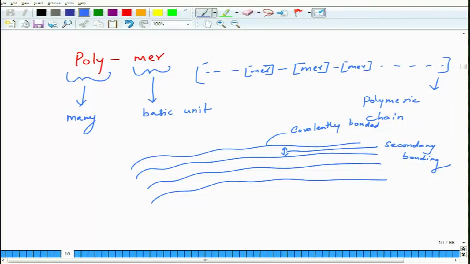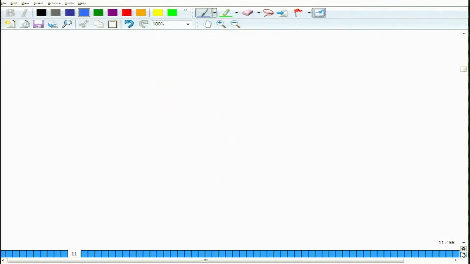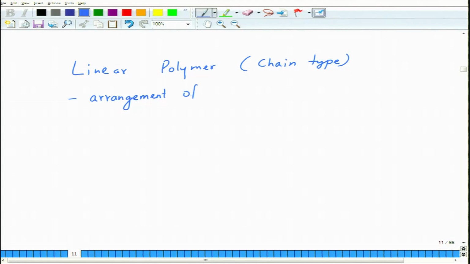Now, depending upon how these chains are arranged in space, the polymers could be a linear polymer, which is also called a chain type structure. Monomer means one mer.